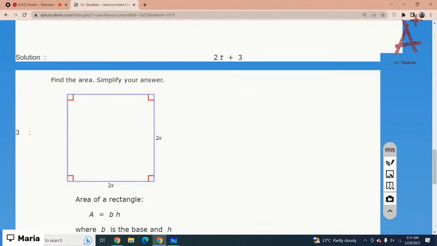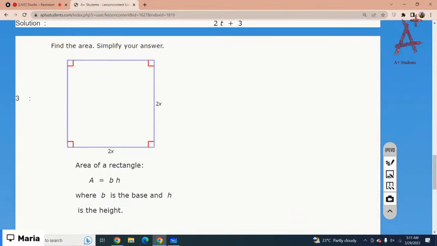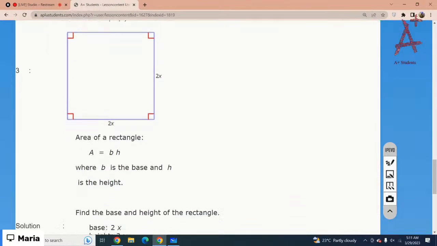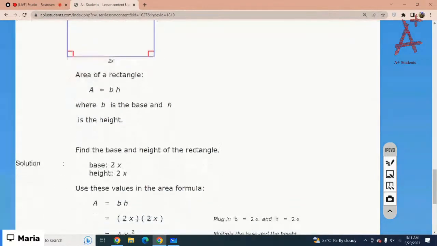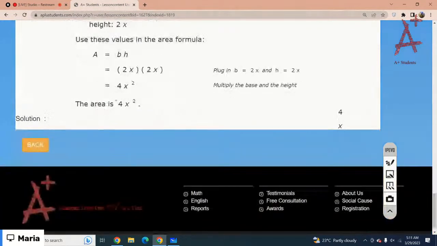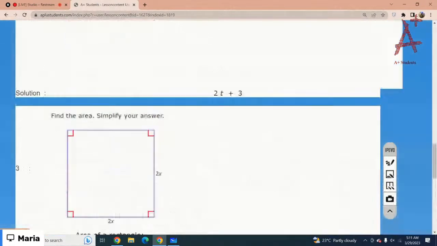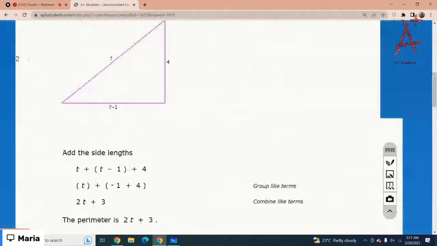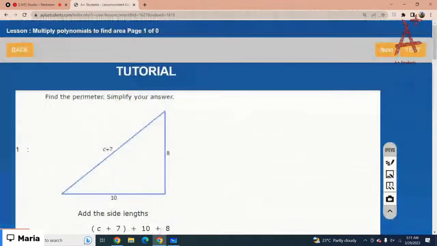Got it? Like if the shape is a square, you have to do area is base times height. Base is 2x and height is 2x. So you need to do 2x times 2x. That would be 4x square. Got it? Let's just start with the practice questions. You can have a look at the tutorial by yourself. They are already solved. Then let's just start with the test questions.